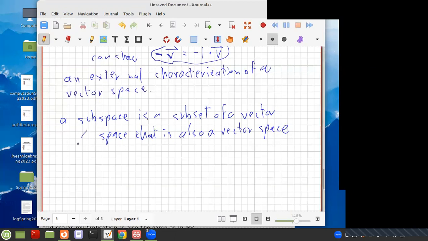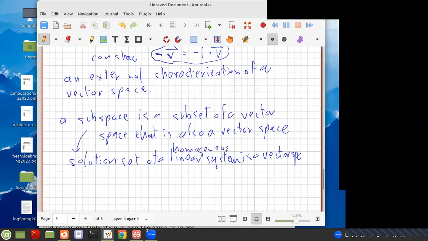For example, the primary example of this is that the solution set of a homogeneous linear system is a vector space, and any vector space is the solution set of some linear system.